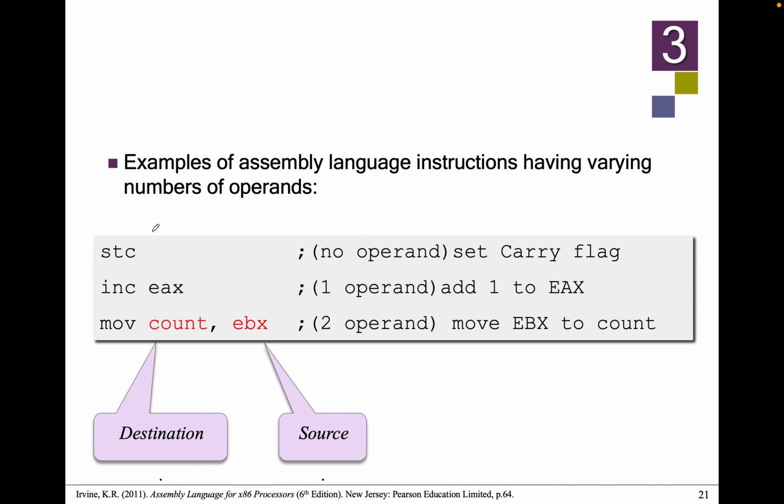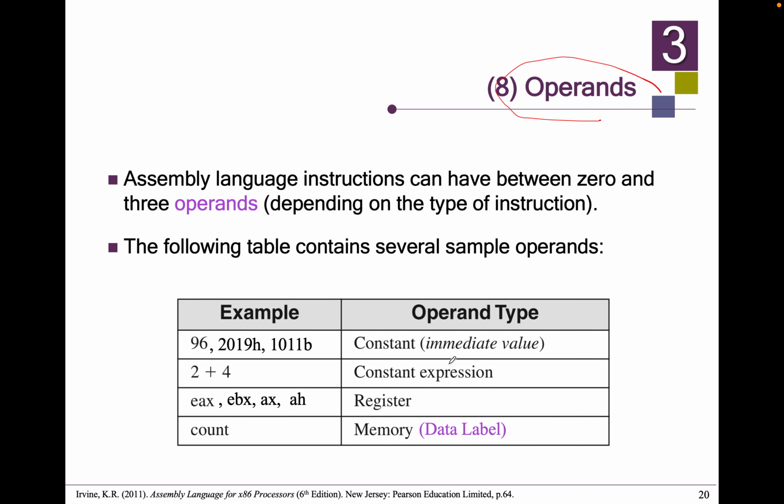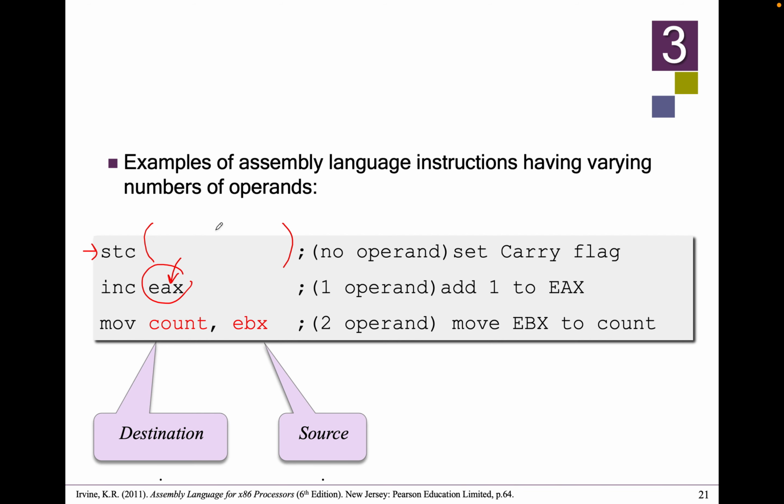You can see in the first line, there is no operand. Then in the second, you have one operand, which is a register. So check back what types of operand you have. A constant is an operand. A constant expression is an operand. A register is an operand. Memory is one type of operand. So that's why there is one operand here, and here you have two operands.